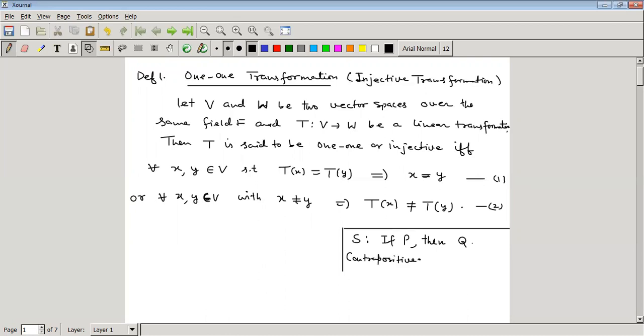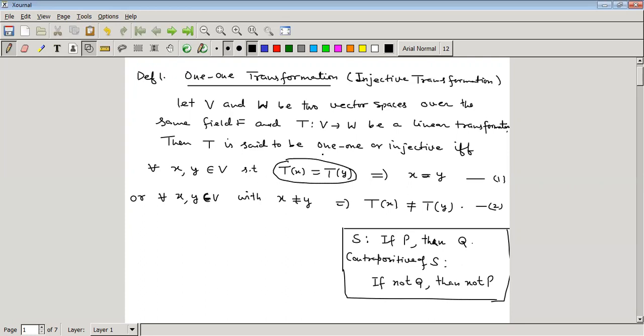Contrapositive of S is if not Q, then not P. So here this is our P, and this is Q. So if P, then Q. What is the contrapositive? If not Q, not Q means x is not equal to y, then not P: T of x is not equal to T of y.